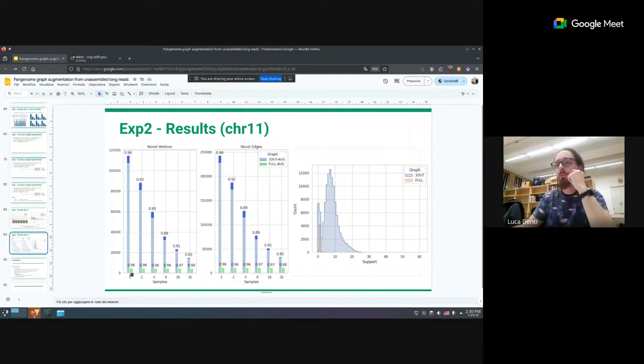So most of the novel vertices in the full setting are due to sequencing errors. That could be the case even for this peak here in the one out, but we also have a peak at 0, meaning that in the one out, when we augment the graph without that individual with read information, we add some vertices that are not even used by the reads. For sure we shouldn't add those, but we are doing that. Still, 94% is quite a high number for our definition of precision, I think.